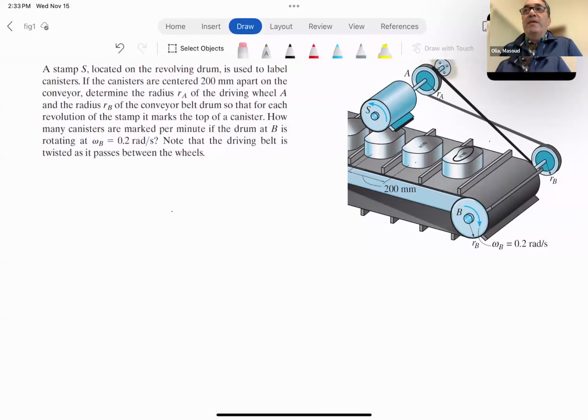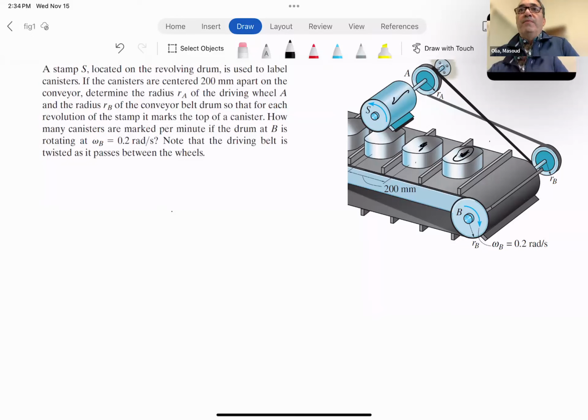It says a stamp S located on the revolving drum is used to label canisters. So we want to use this drum to label canisters, right? So this is where the label is going.